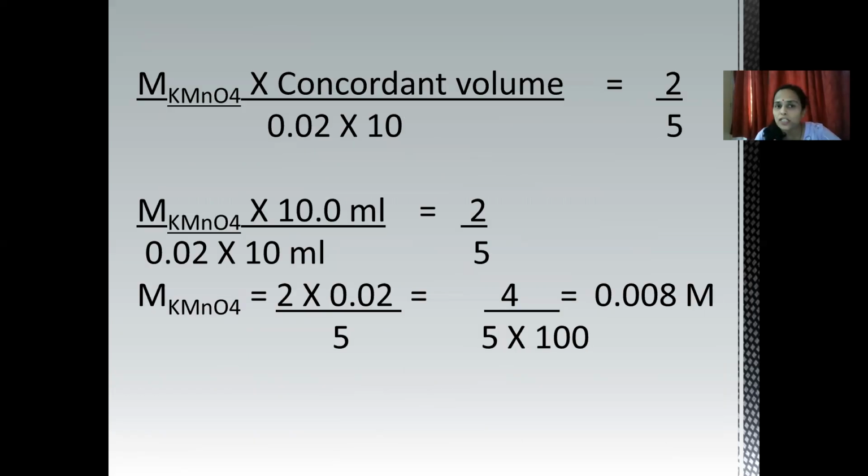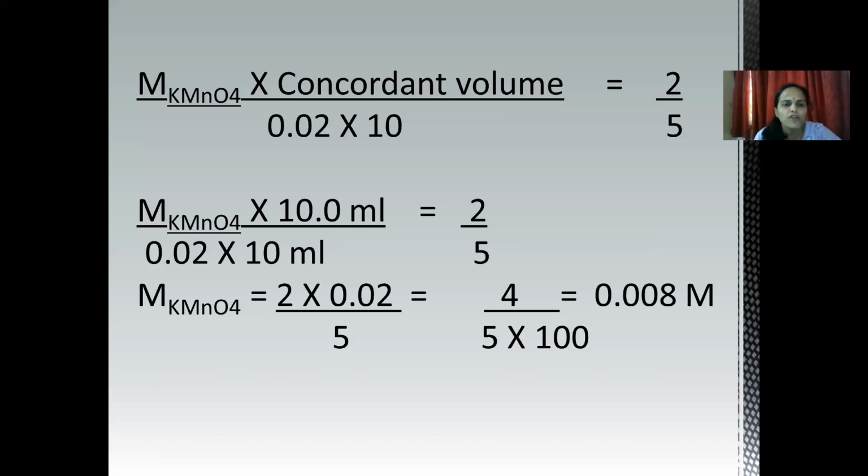So we'll calculate molarity of KMnO4 into concordant volume, which we just wrote below the table, divided by 0.02. 0.02 is the molarity of oxalic acid, M by 50. So 1 by 50, the value comes out to be 0.02, into volume of oxalic acid, which we took with the pipette, it is 10 milliliter, equals 2 upon 5.